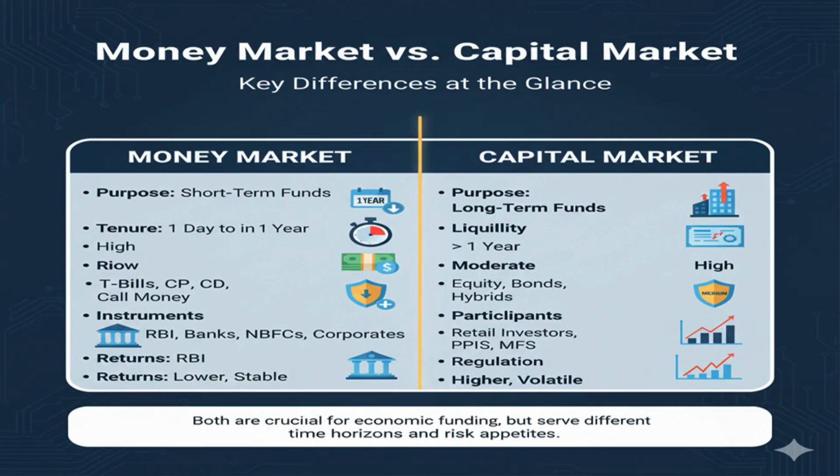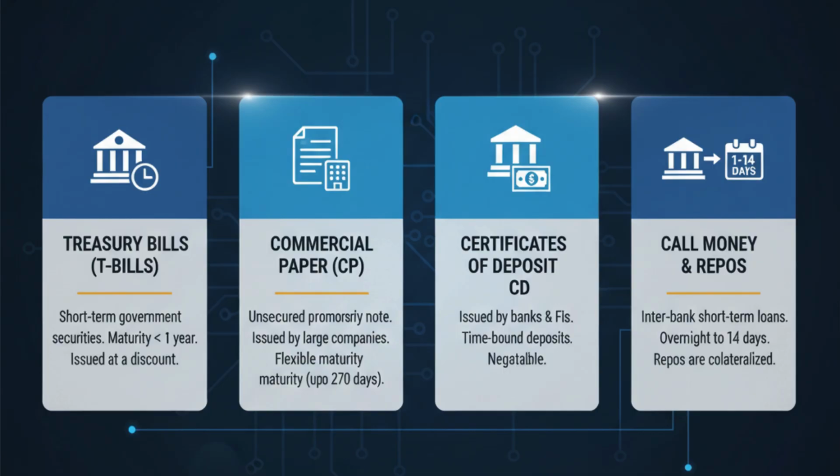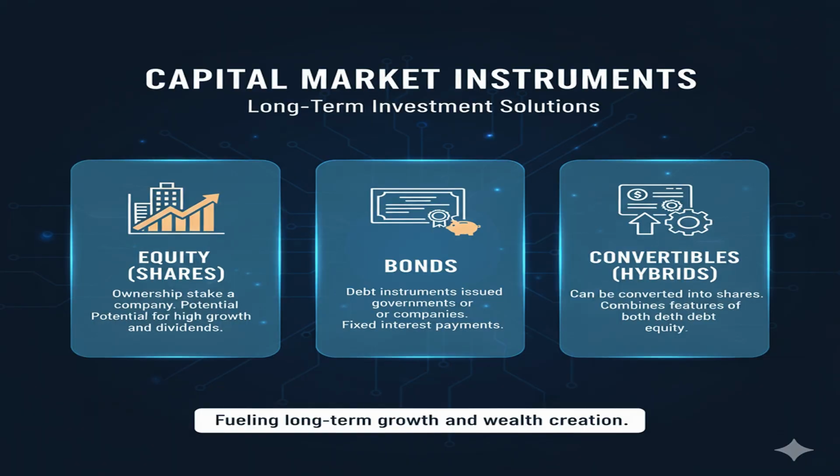What are the popular instruments in the money markets? It includes certificates of deposit, CD, commercial paper, CP, treasury bills, call money, repos, etc. The capital market instruments include equity, bonds, and convertibles, hybrids of equity and debt.